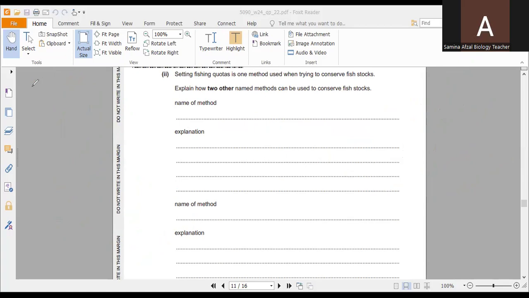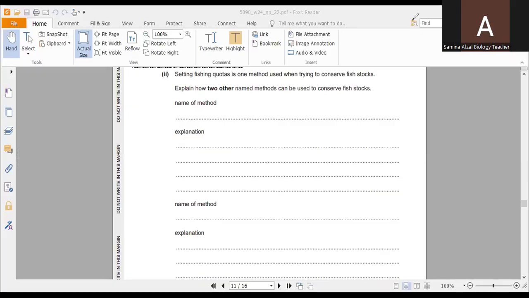So these are the two methods. First, I'm going to write the first method. This is the marine protected area.